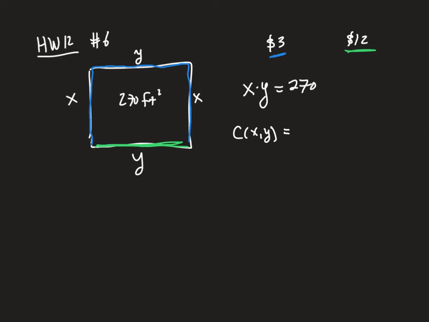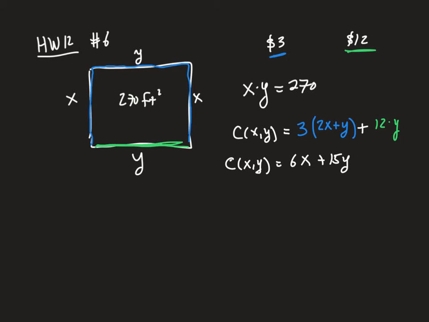The blue length is going to be 2x plus y, so I get $3 times that. For my green, there's only one y, so that's $12 times y. Looking at this, my cost function in 2 variables, C of x, y, is 6x plus 3y plus 12y, which is plus 15y.